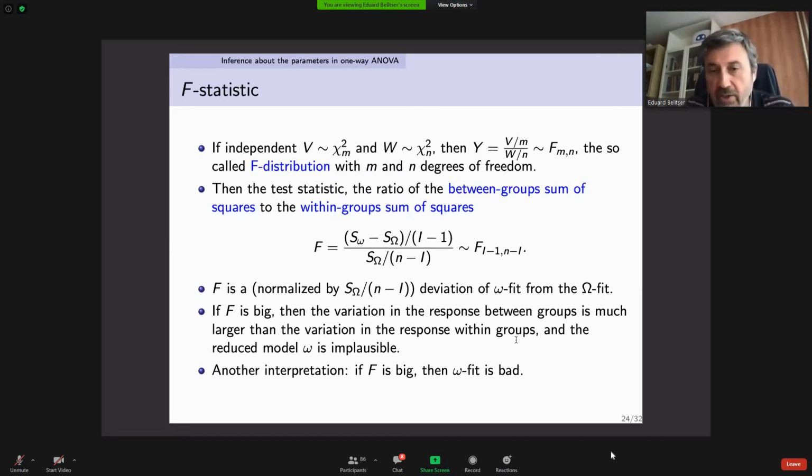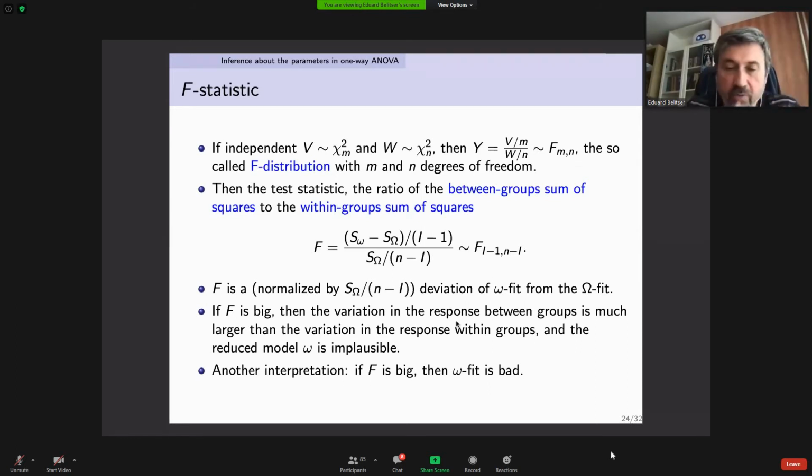Another interpretation is that the variation in response between groups is much larger than the variation in the response within groups. So you see, between groups becomes important. That means that the factor is actually playing a role.